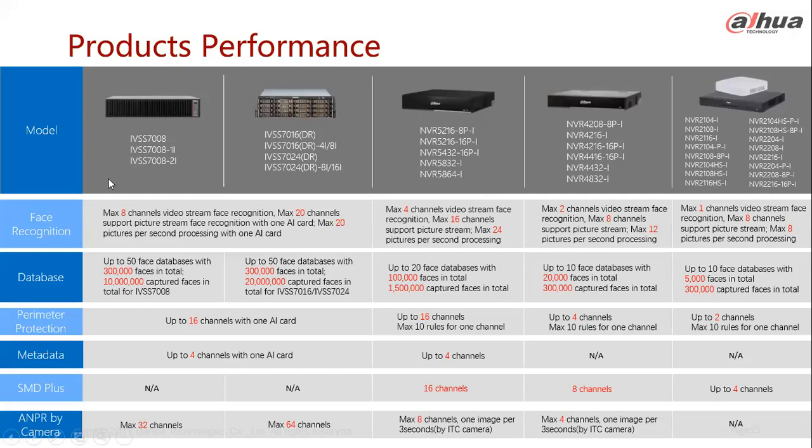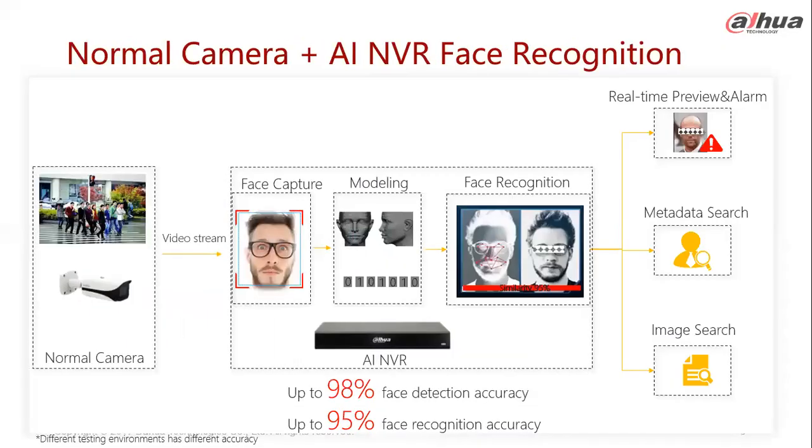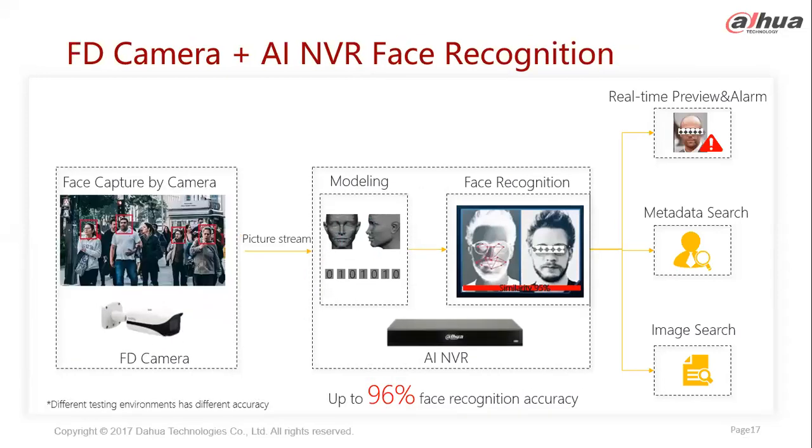In that case, you can see here, you can do a maximum of 4 video stream face recognition. That is a maximum of 4 FR cameras, or you can do a maximum of 16 face detection cameras from the camera side. So you can choose how to implement the same. Of course, again, we can help you in deciding such cases.